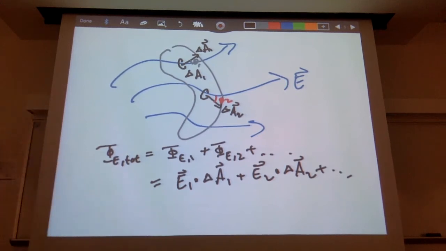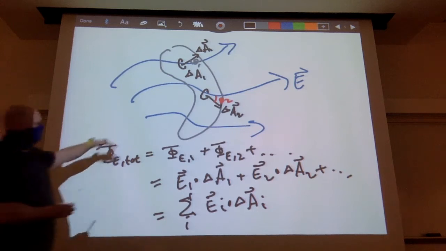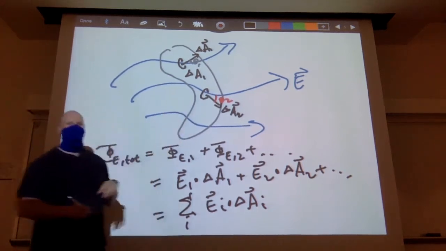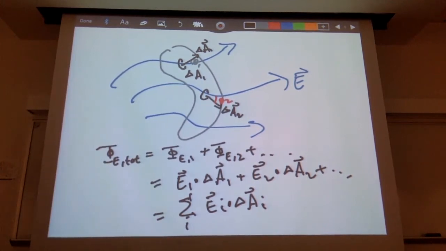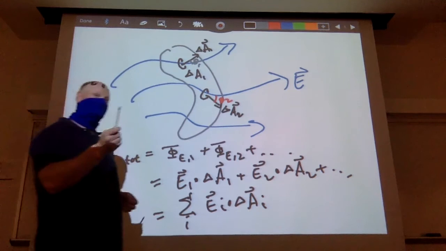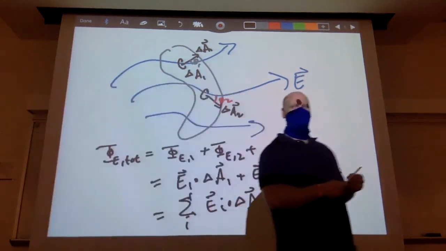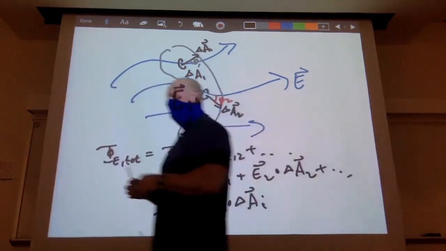So this becomes the sum over i of electric field i dotted with delta A i. I'm just chopping this thing up into some number of delta areas. Now we're going to take the limit that each one of these delta areas becomes infinitely small, so it becomes a differential area.